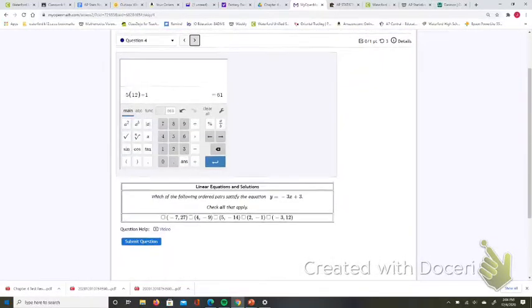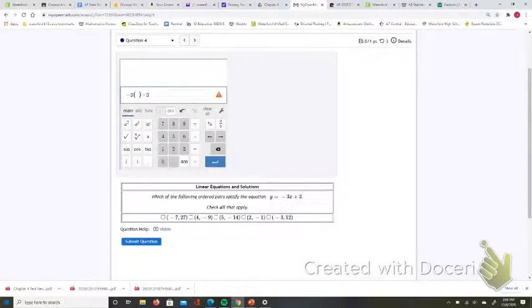Okay, so number 4, I got to backspace over in my calculator screen. And notice that my equation this time is y equals negative 3x plus 3. So in my calculator, I'm going to type negative 3, parenthesis, plus 3. Now remember, when we look at a point, the first number is the x, the second number is the y.